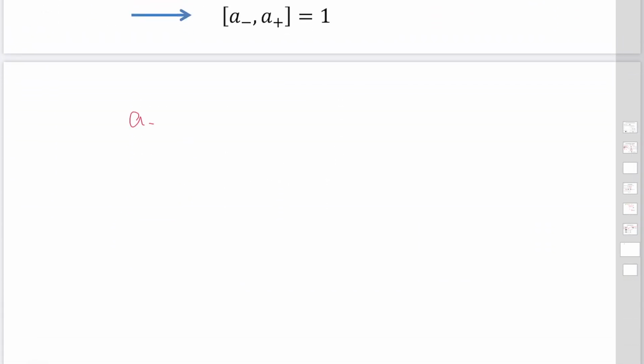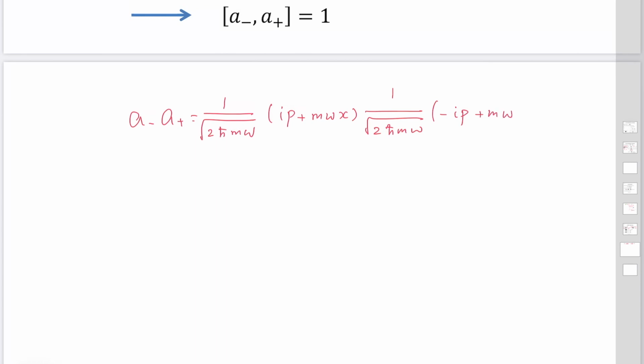You can write this as 1 over square root of 2 h bar m omega times (ip plus m omega x), times 1 over square root of 2 h bar m omega times (minus ip plus m omega x).